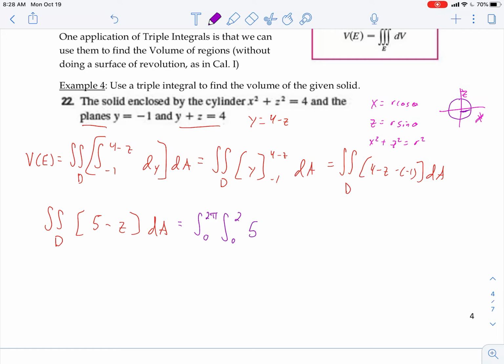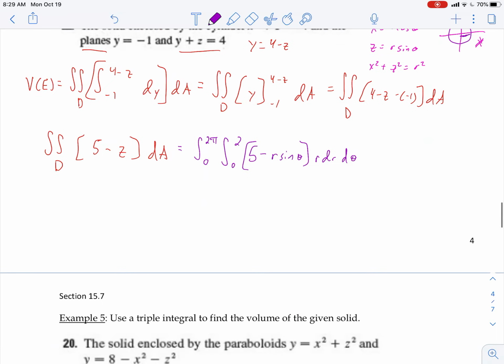Our radius is going to be at 2, so between 0 and 2. And then our function 5 minus z is going to be 5 minus z. z is going to be r sine theta. And we have to write r dr d theta. So when we can put these in polar coordinates, we want to, because it makes our life easier.